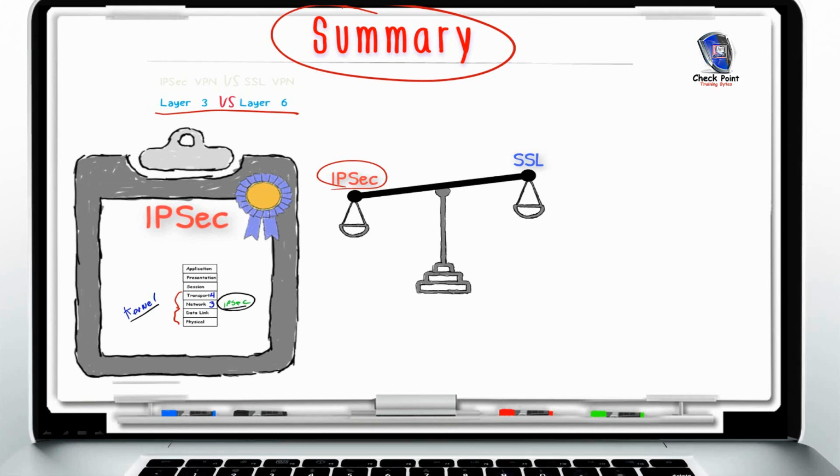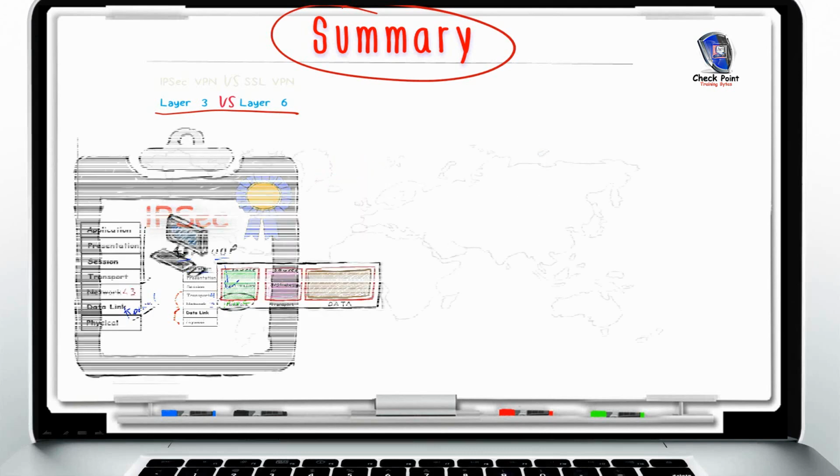So pretty much any protocol or application can be encrypted over IPsec VPN as long as these protocols and applications work at Layer 3 and above. And this is one of the biggest advantages of using IPsec VPN because you can encrypt every TCP and every UDP application, including pretty much every other application that can be encrypted through an IPsec VPN tunnel.